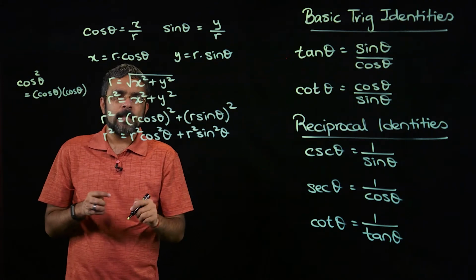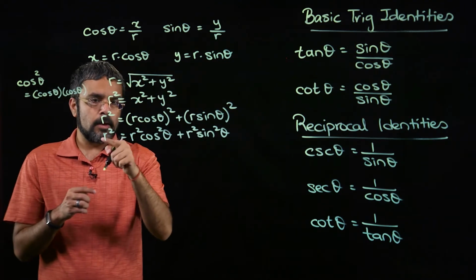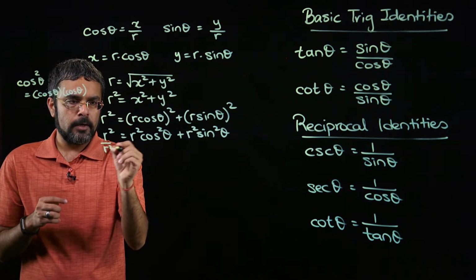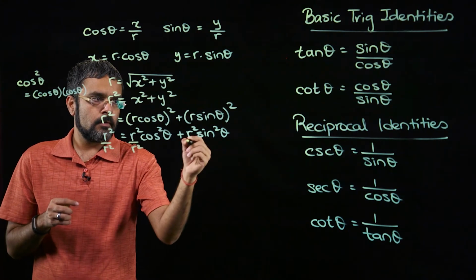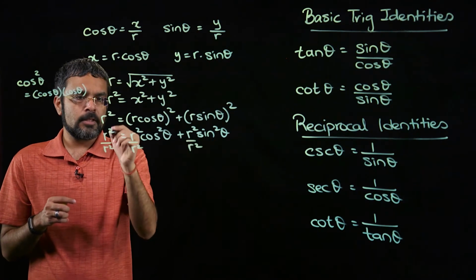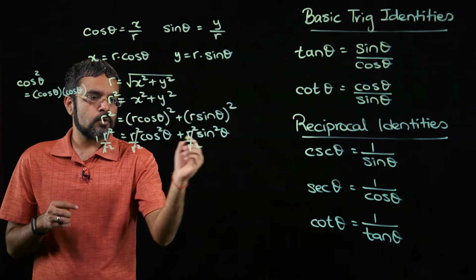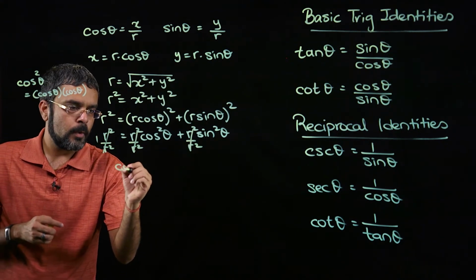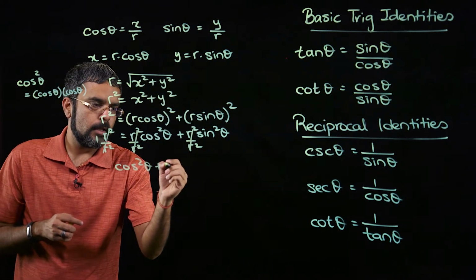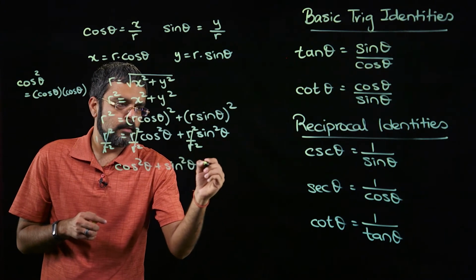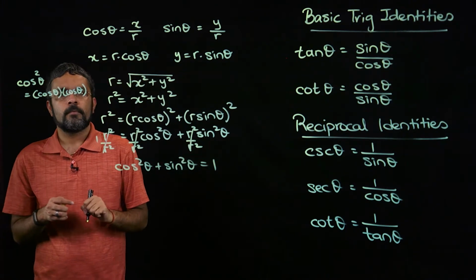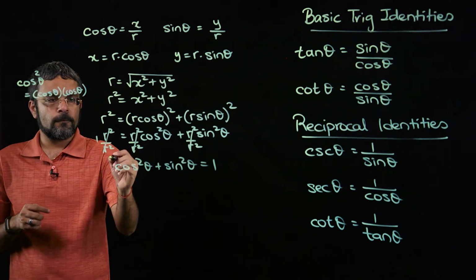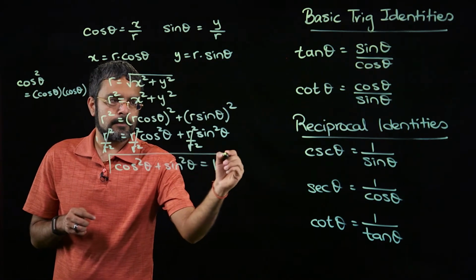Okay, now I can divide everything by r squared, and that's going to cancel out to be 1. So what do we get? We get cos squared theta plus sine squared theta equals 1. All right, and this is your first Pythagorean identity.